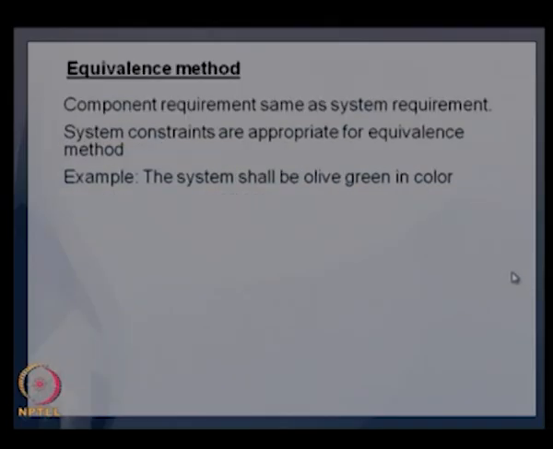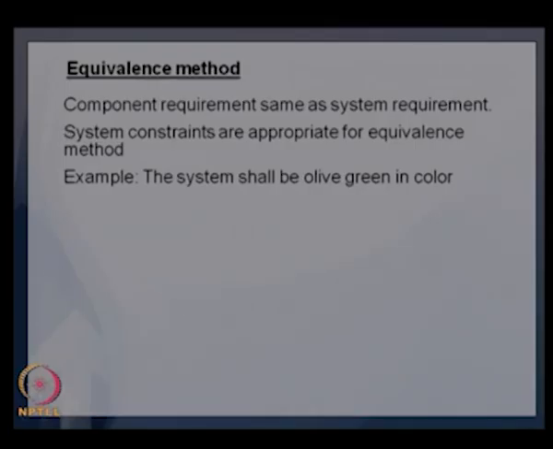Another method is known as the equivalence method, and as the name suggests, it basically divides equally amongst the components. So, the component requirements are the same as the system requirement. There is no difference; whatever the system requirement is, the same requirement will be given for the components also. The system constraints are appropriate for the equivalence method. When you design the system, there will be the system requirements as well as the system needs as well as the constraints.